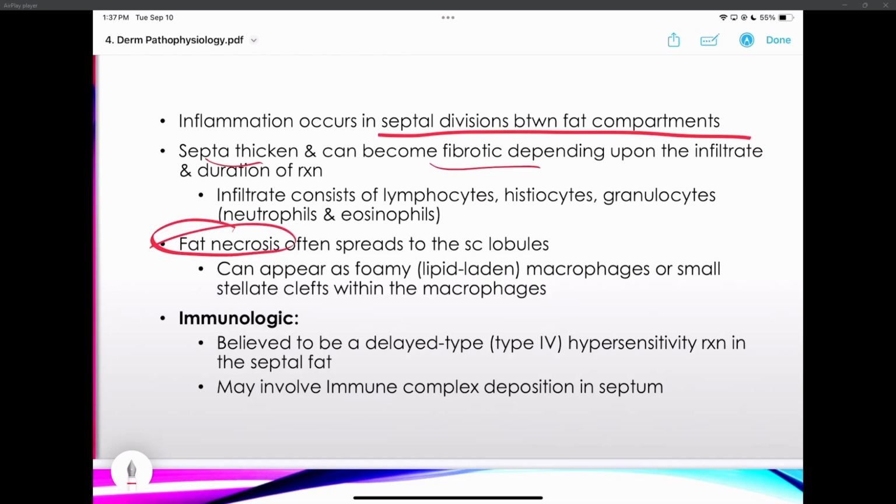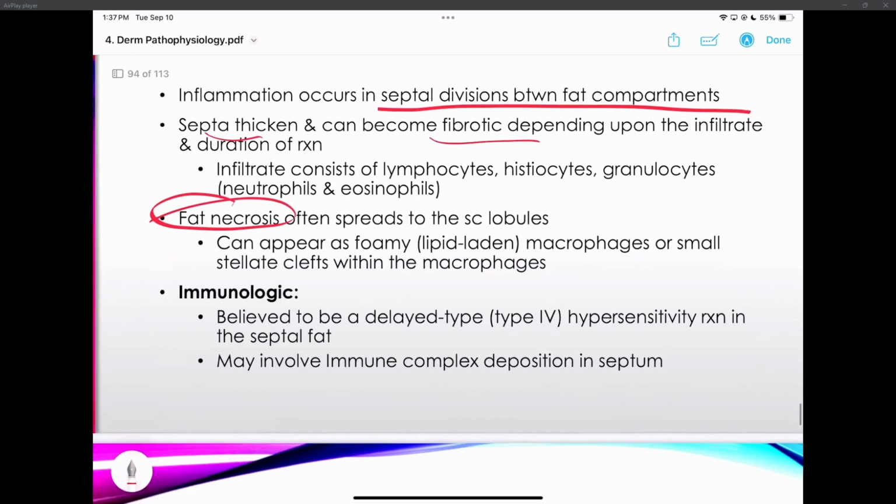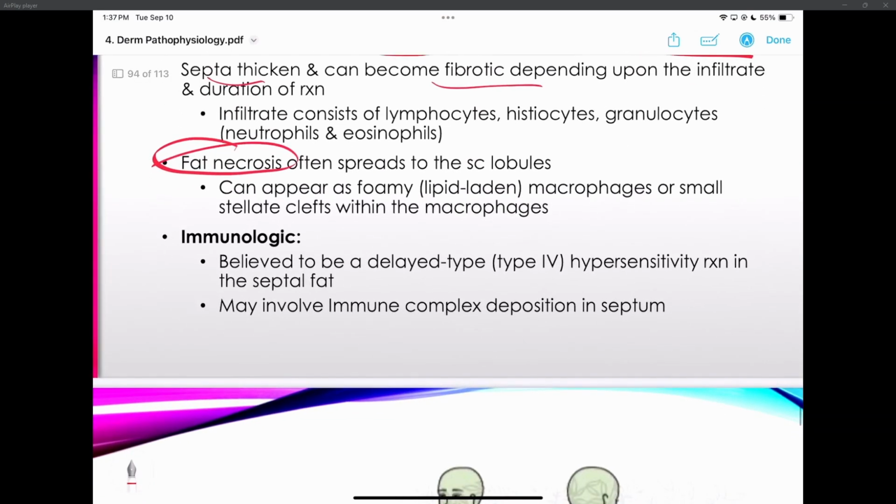Okay. So again, it's believed to be a type 4 hypersensitivity reaction involving the subcutaneous fat layer of the skin. May involve some immune complex deposition as well. What type of reaction is an immune complex? 3. Okay.